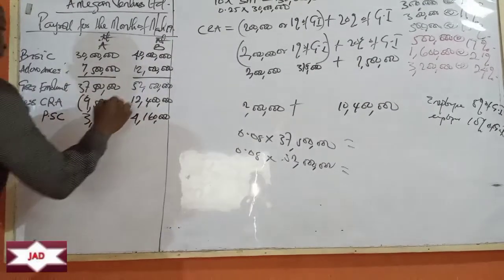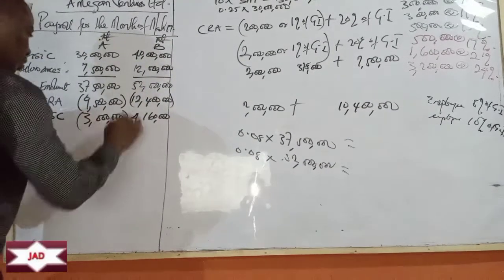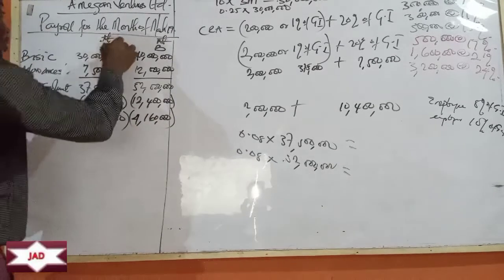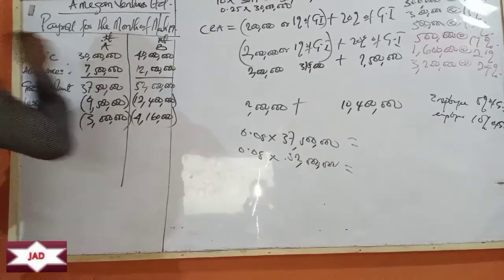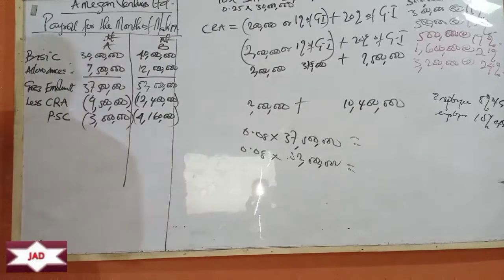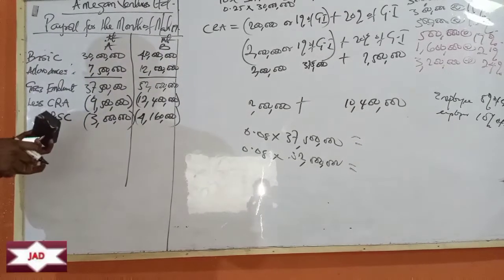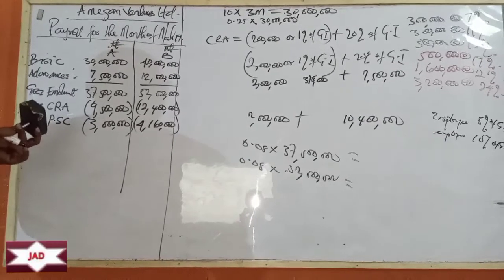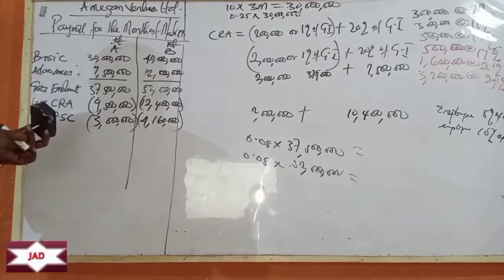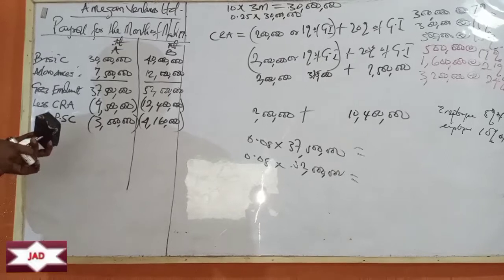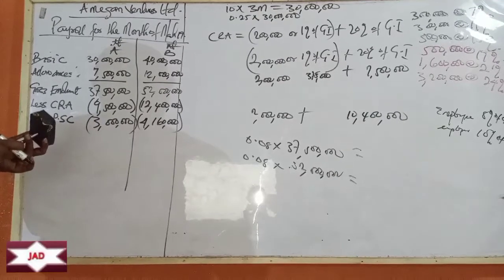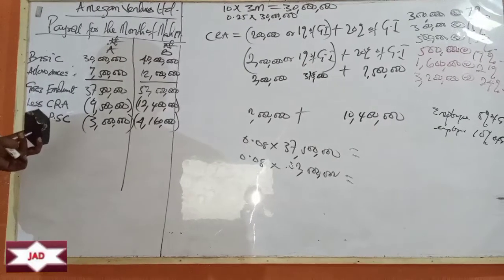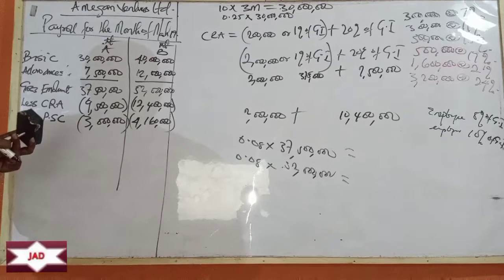So you're taking this out. Let's try to space this. So we say 37,500,000 minus 9,500,000 minus 3 million.